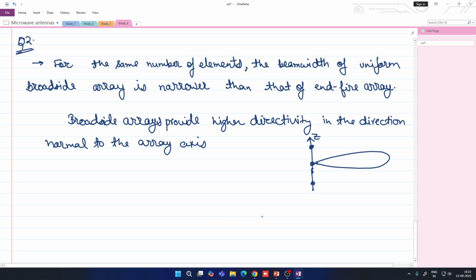But in case of an end fire array, if we have three antennas along the z axis, it will have something like this. Now the directivity is along the maximum, or we say the major lobe will be along the z axis, meaning the array axis, in case of an end fire array.